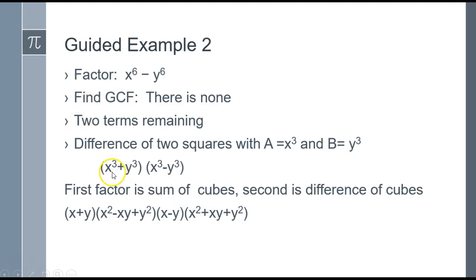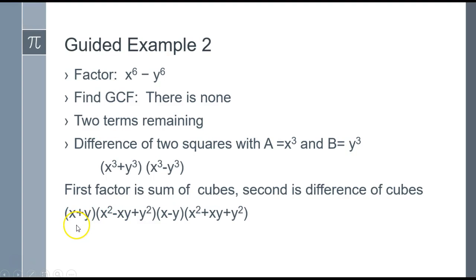And then what I get is, if a is x cubed and b is y cubed in my difference of two squares formula, I get x cubed plus y cubed. Oh, that's the sum of cubes, times x cubed minus y cubed. Oh, that's the difference of two cubes. So this first pair of parentheses here is how that sum of two cubes factors, and the set of parentheses here is how the difference factors.